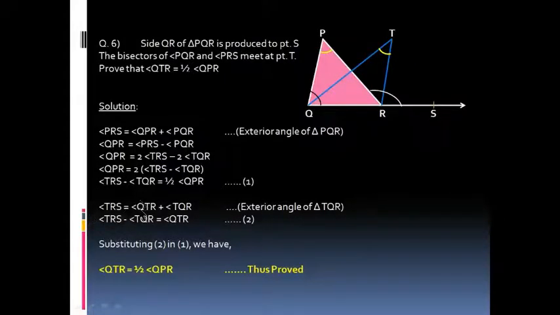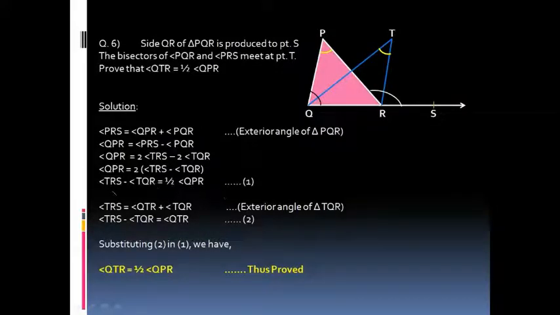So angle TRS is equal to angle QTR plus angle TQR, this one and this one, exterior angle of triangle TQR. So now again keep QTR on one side and put TQR on the other side. Why? Because on one side we just need angle QTR. So on the left hand side, we have angle TRS minus angle TQR is equal to angle QTR. So we name this as equation 2.